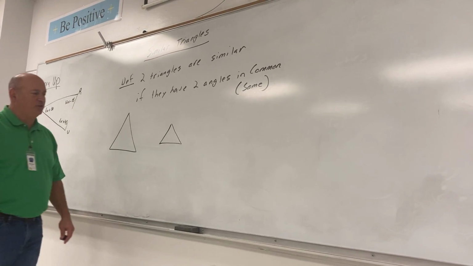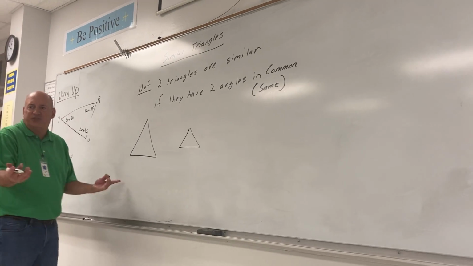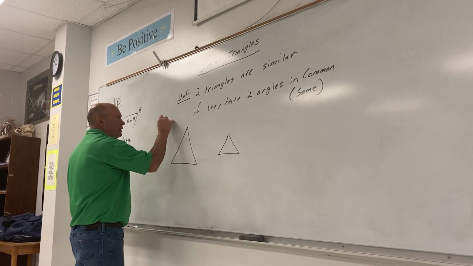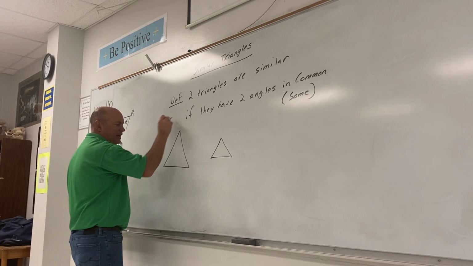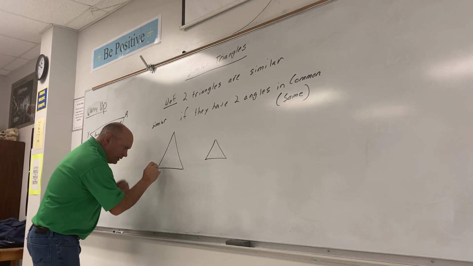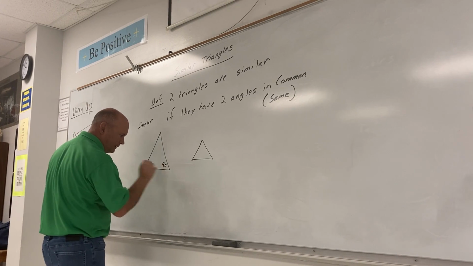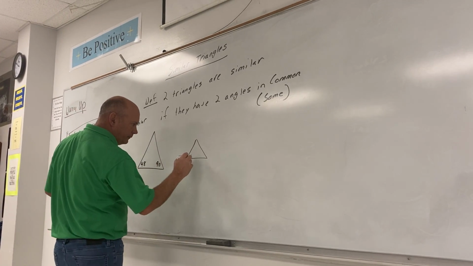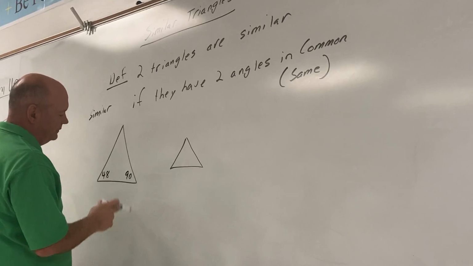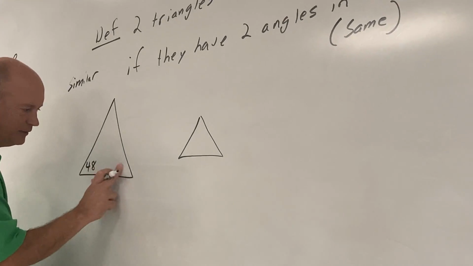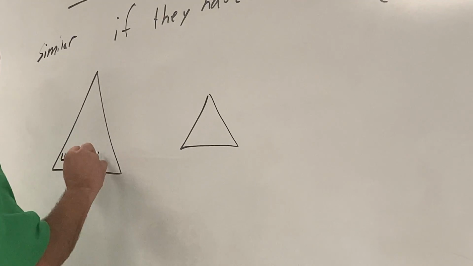So let's say they give me two triangles, a big one and a little one, and the question is, are they similar? So we need some angles in here to see. Let me erase that. Let's not do 90.